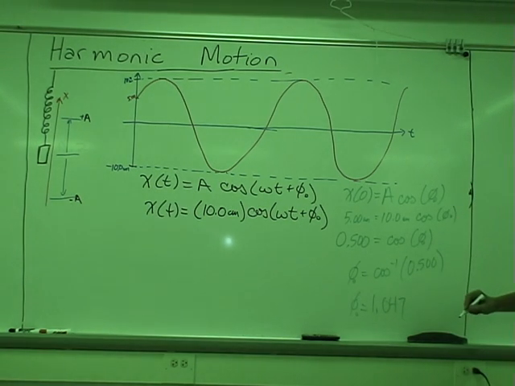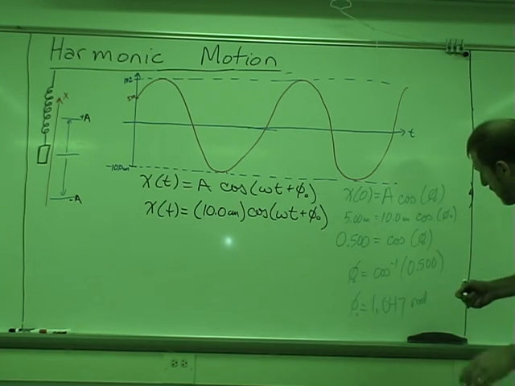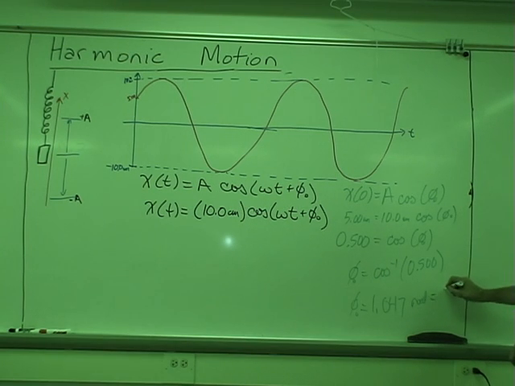I'm going to keep one extra sig fig for the moment. Radians, which is to 3 significant figures. So really, if I'm writing this out as an equation, I should probably write 1.05 radians right here. It's really close to pi over 3.